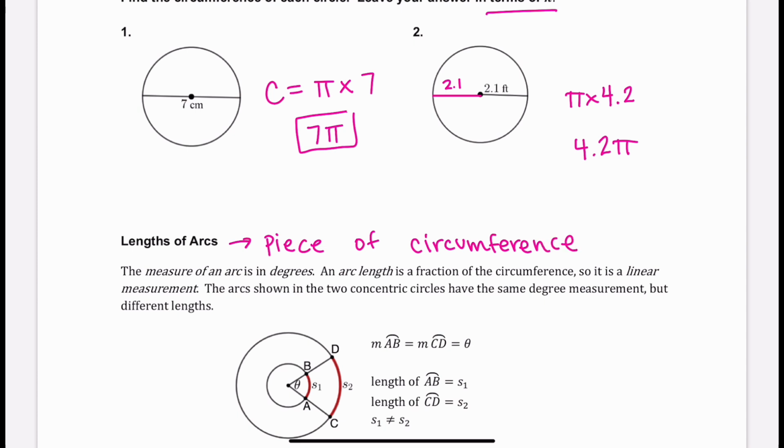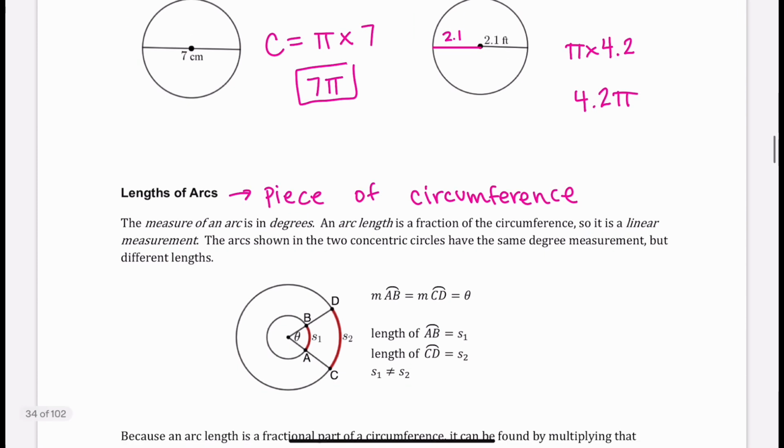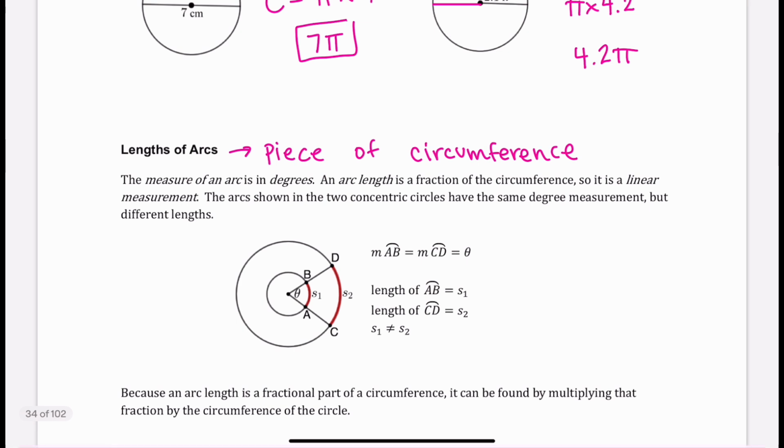The arcs shown in these two circles, which are called concentric circles, have the same central angle and the same arc measure, but they do not have the same length.